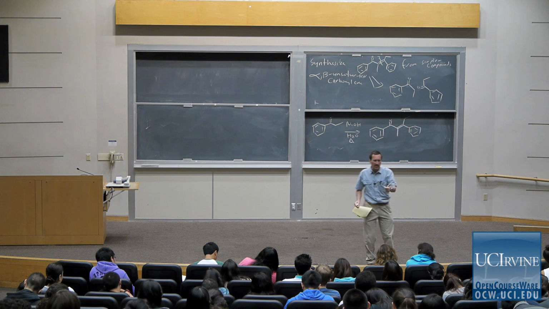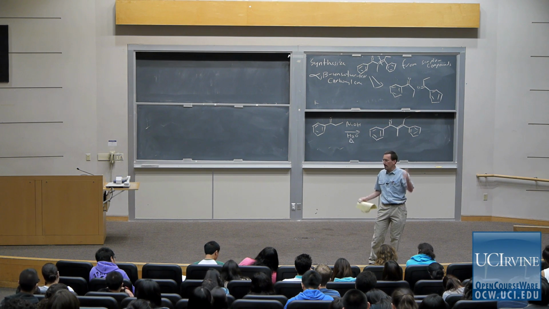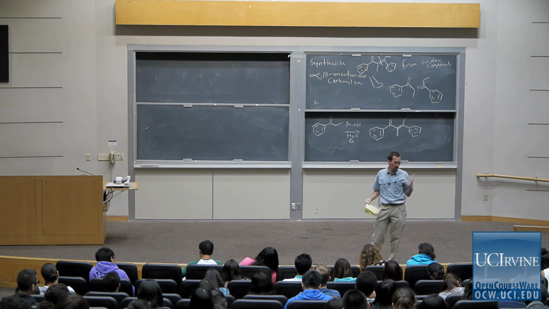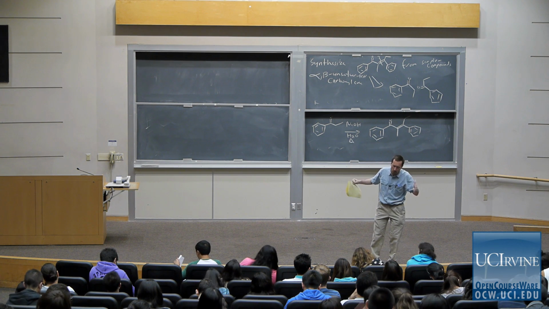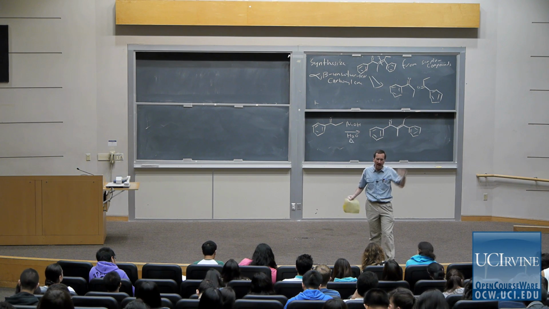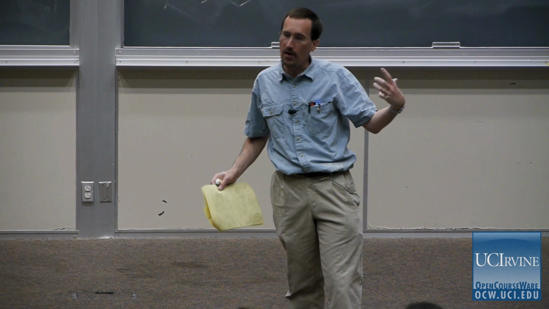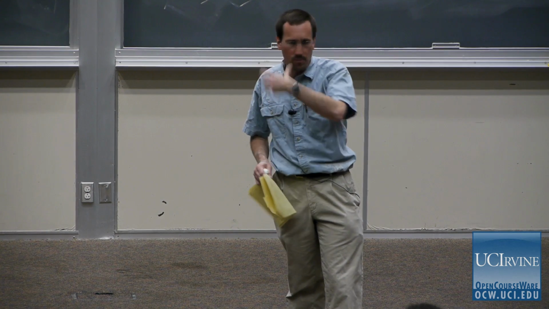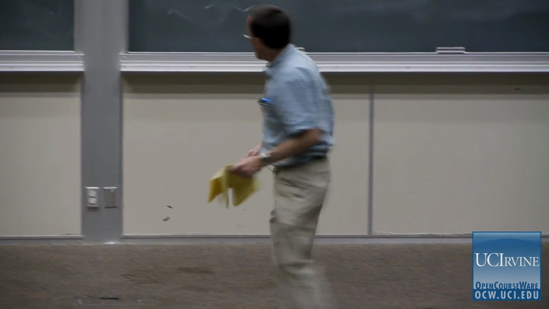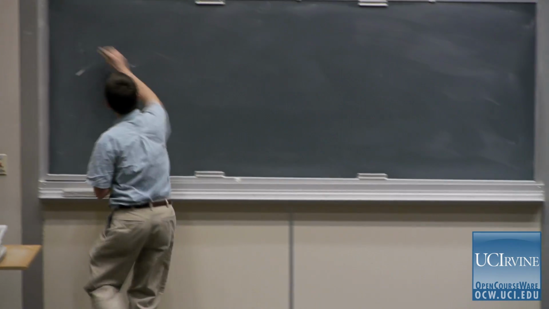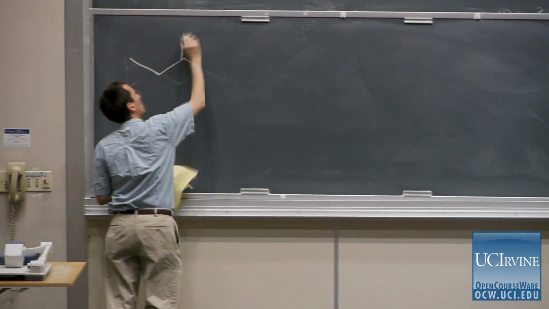Either I want the beta hydroxycarbonyl compound, or I want the alpha beta unsaturated carbonyl compound, but I don't want both. Either I want this component to be the nucleophile, or I want that component to be the nucleophile, but I don't want both because I'll get a mixture. And of course, as one starts to have mixtures of things, you have problems.